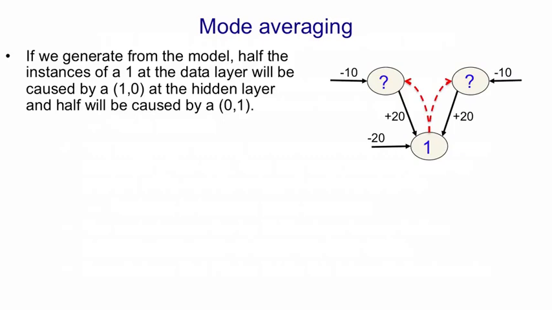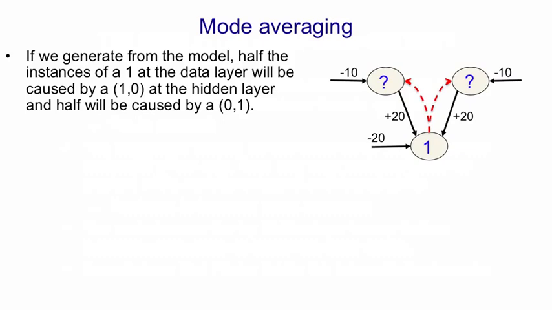Just occasionally, one time in about e to the -10, one of the two top units will turn on, and it'll be equally often the left one and the right one. When that unit turns on, there's a probability of a half that the visible unit will turn on. So if you think about the occasions on which the visible unit turns on, half those occasions have the left-hand hidden unit on, the other half of those occasions have the right-hand hidden unit on, and almost none of those occasions have neither or both units on.